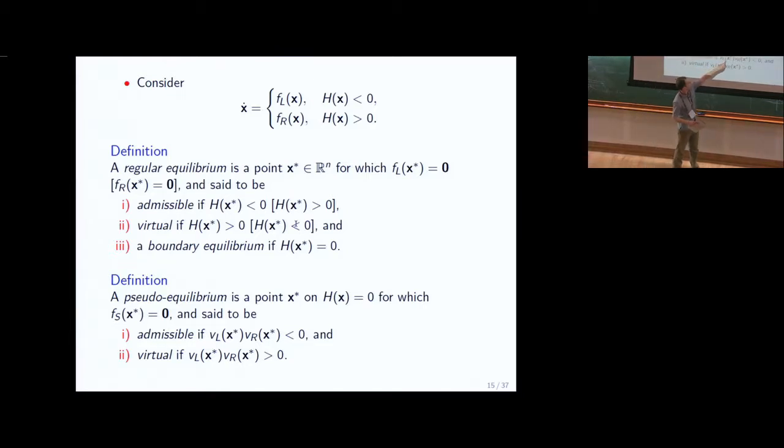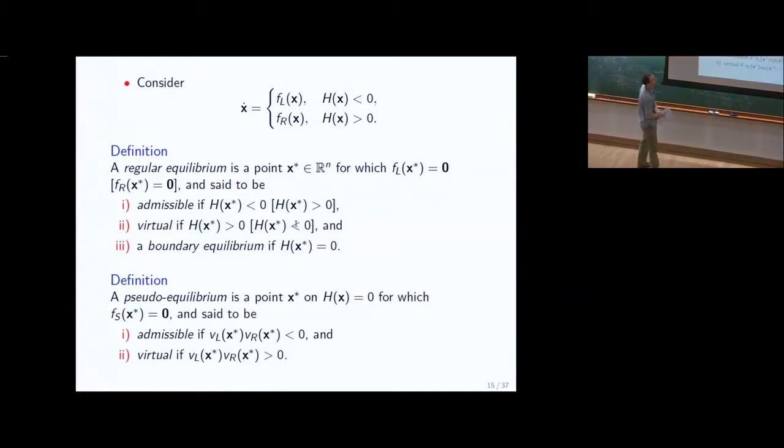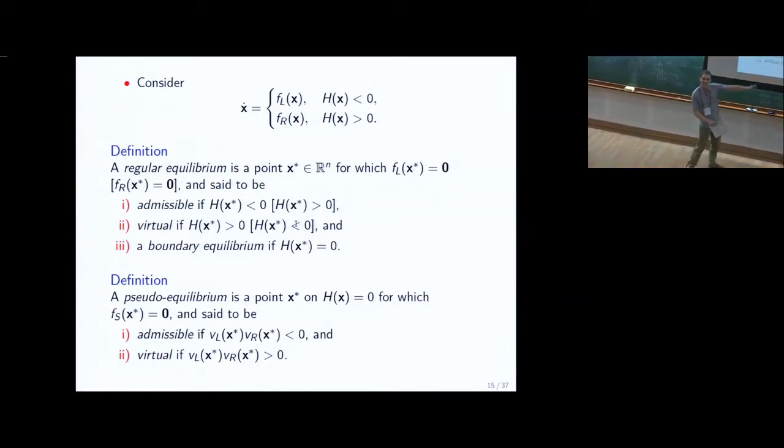So the first condition is that this one is either an attracting sliding region or a repelling sliding region, and this one is a crossing region. I probably should have written that up there.